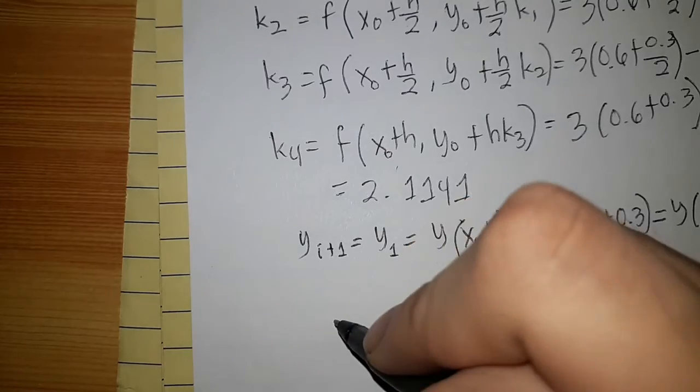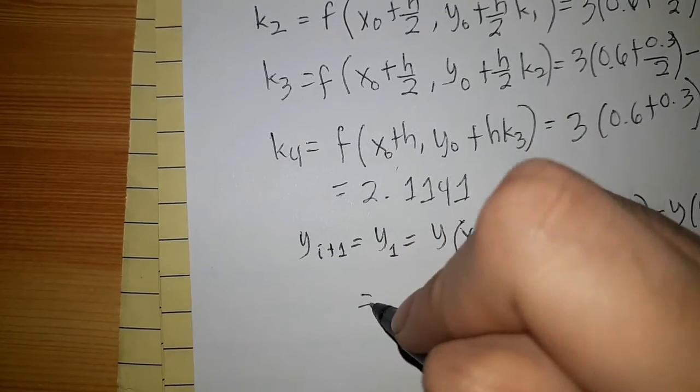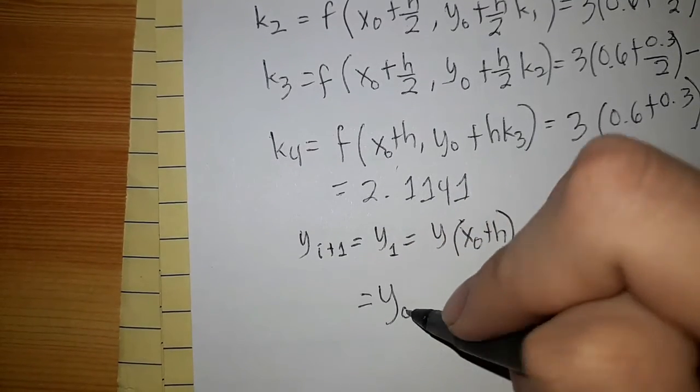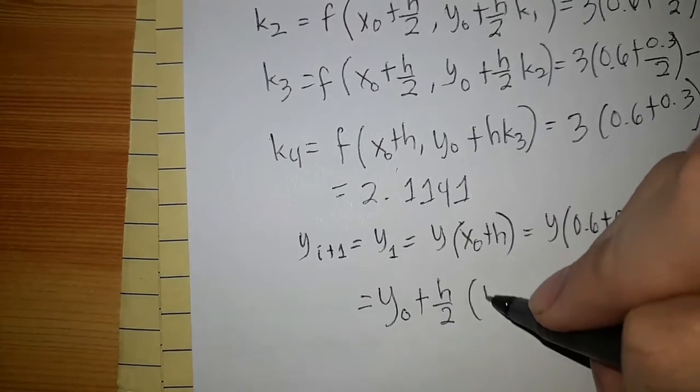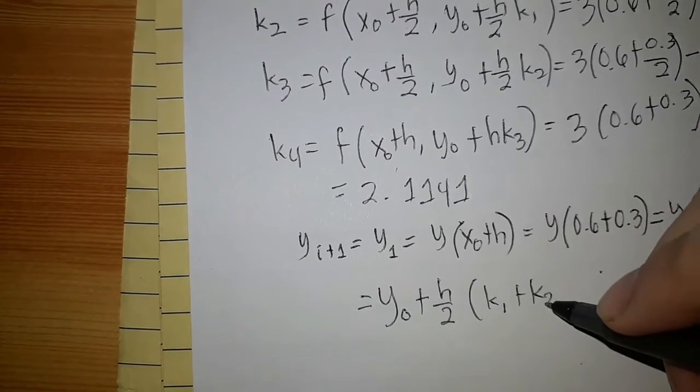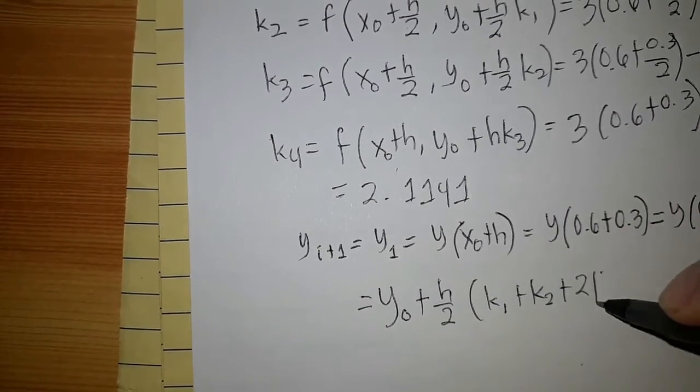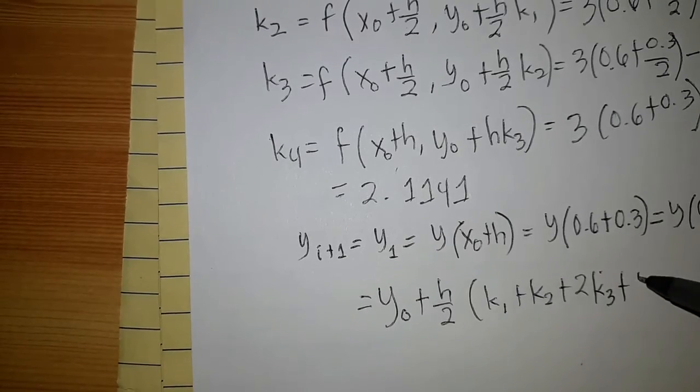So it is equal to y sub 0 plus h over 2 times k1 plus k2 plus 2k3 plus k4.